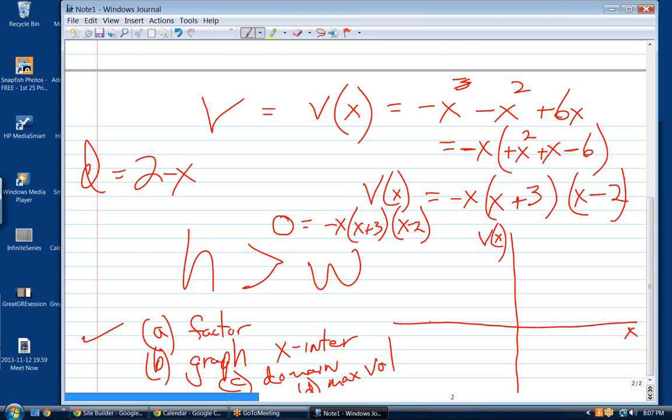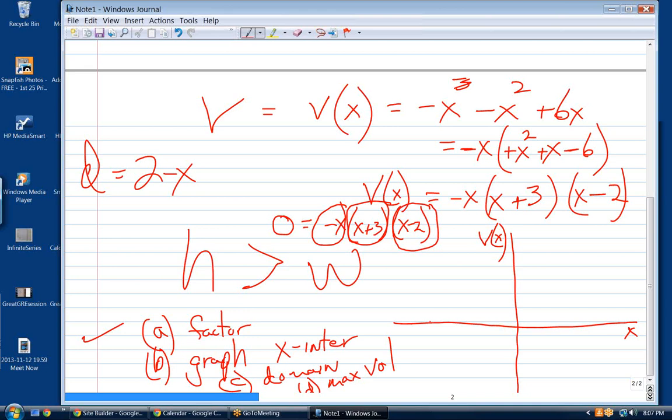The way I solve this equation is, if I have the product of 3 things, which I do here, that times that times that, and the product is equal to 0, then one of those 3 things has to be 0. That is the only way you can get the product of 3 numbers to be equal to 0.